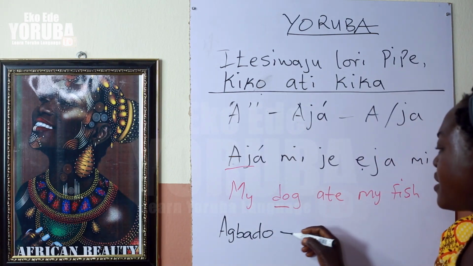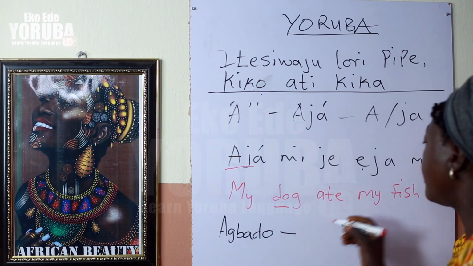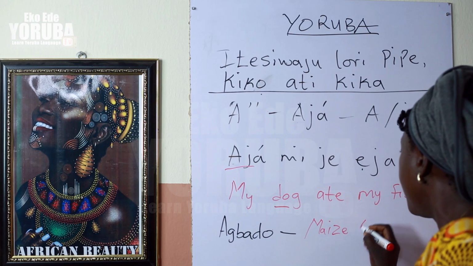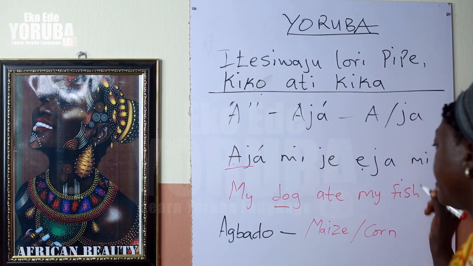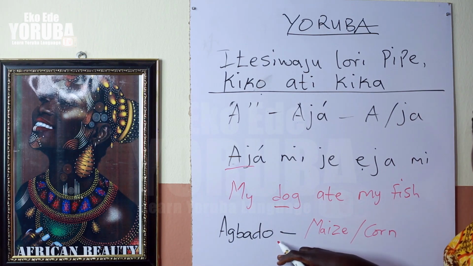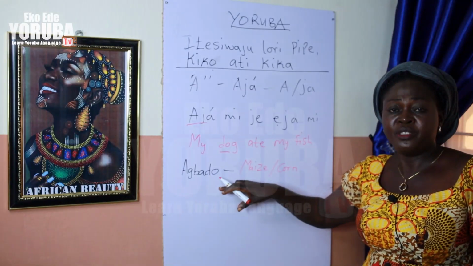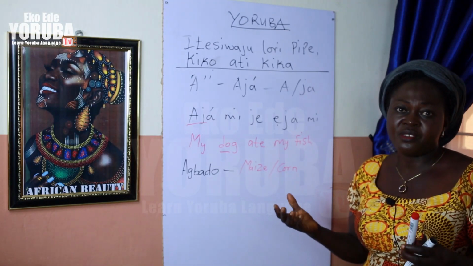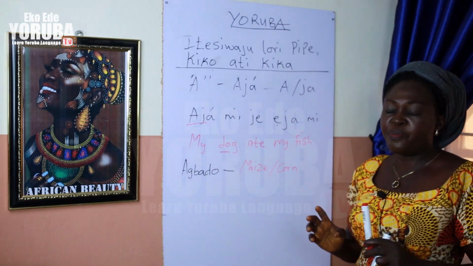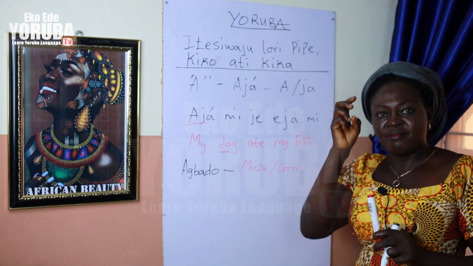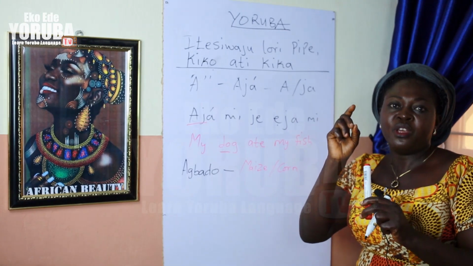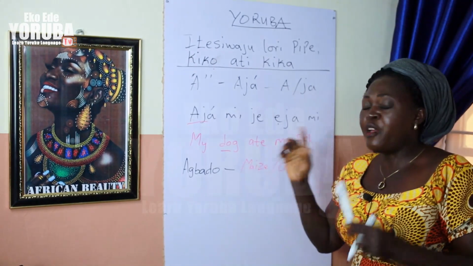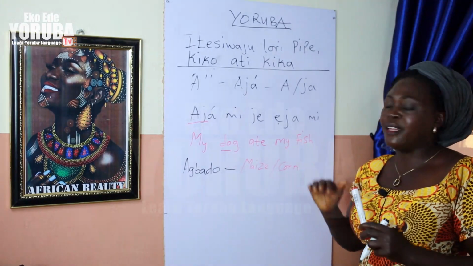In àgbàdo, this corn, we can bring out a syllable from it. We divide it into three parts. Àgbàdo. The way we call it out. Then we now put the sign at the top.